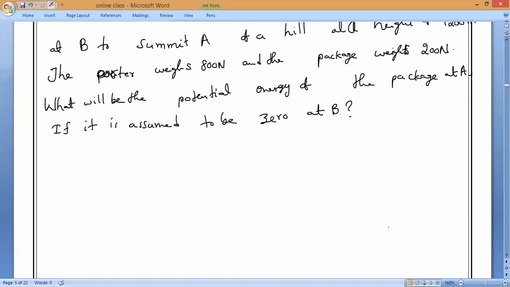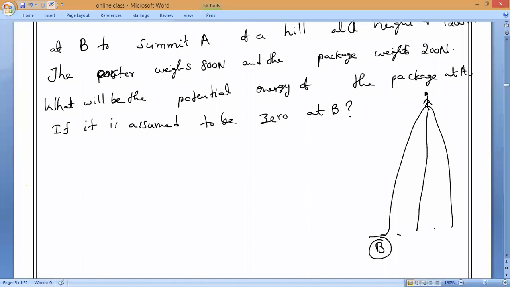Okay, everybody. Like a base camp on a mountain hill, base camp is here, and here is the summit. What is the height of this? They are saying the potential energy here is 0. Then what is the potential energy here? Total height H is 1200 meters.